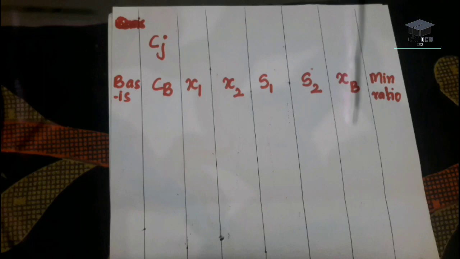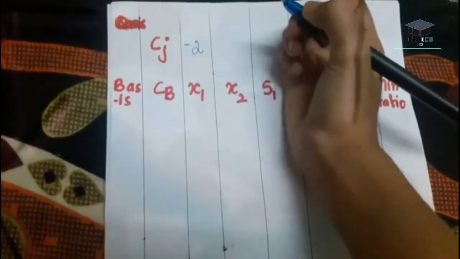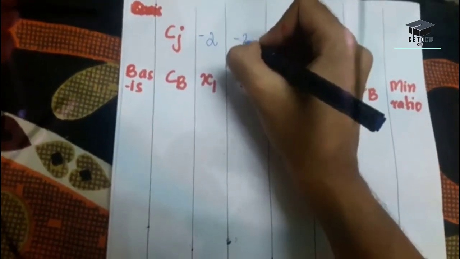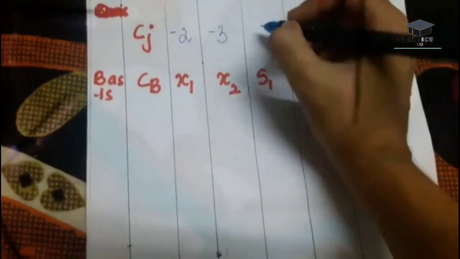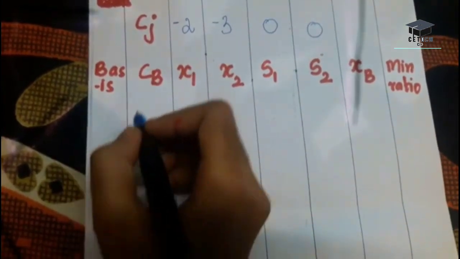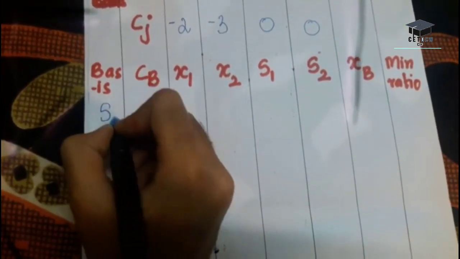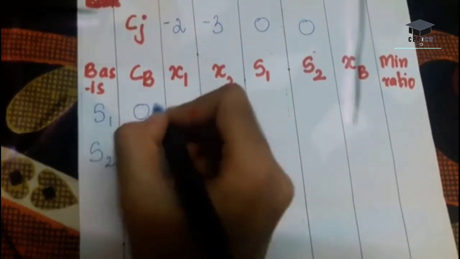Now let's start with the construction of the simplex table with the earlier headings Cj, CB, basis, and then let's fill in the values. Minus 2, minus 3, 0 and 0 from our main equation P. Then let's write S1 and S2 in the basis column.